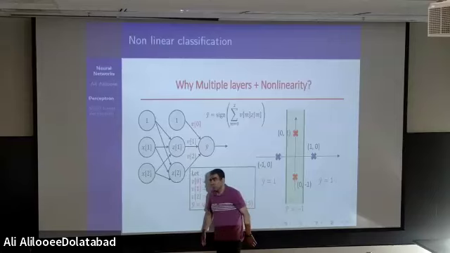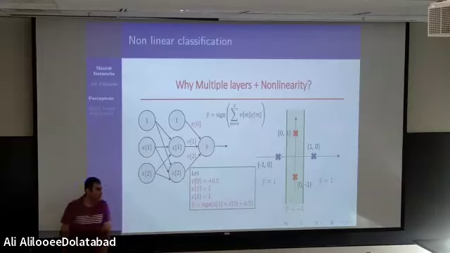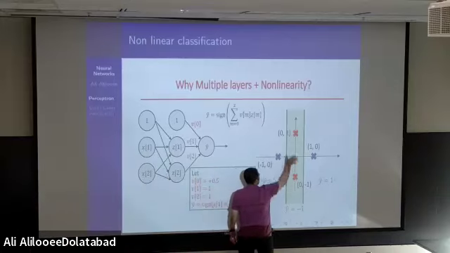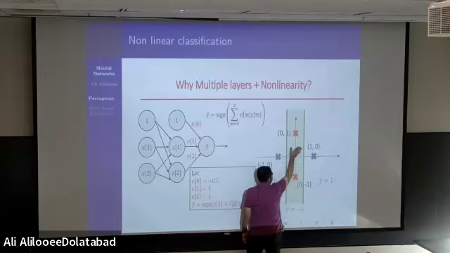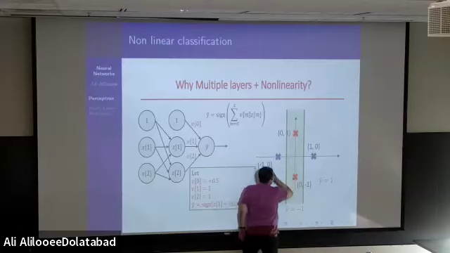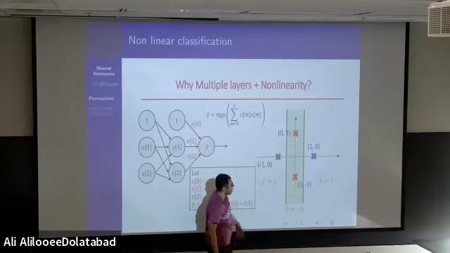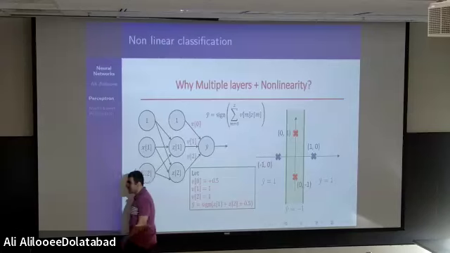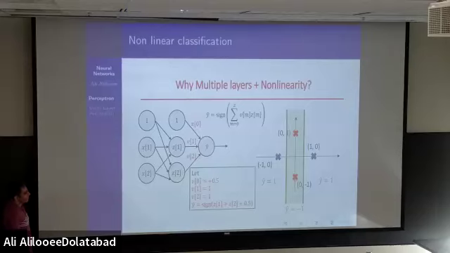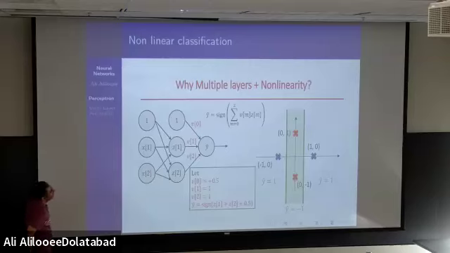By using these two lines, you can split your data set into two subsets. This region gives us one region, and outside of these two lines we have another region. These points can be split into two classes very nicely by considering two perceptrons. This is the last thing that we had on Thursday, theoretically.